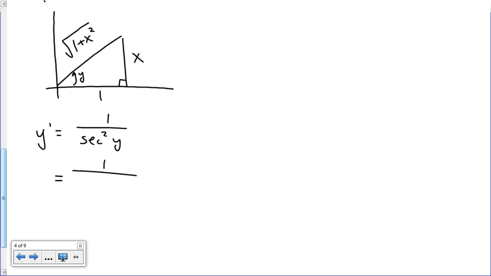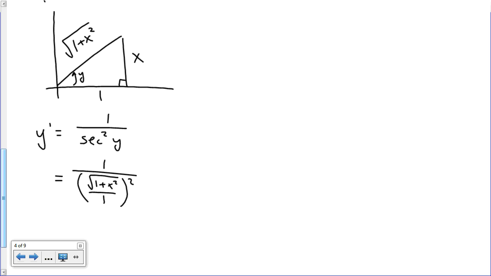So secant of y, well, if I look at my triangle up here, secant's the reciprocal of cosine, so secant would be the square root of 1 plus x squared over 1. That's what secant of y is equal to, but I wanted secant squared, so we have to square this thing.